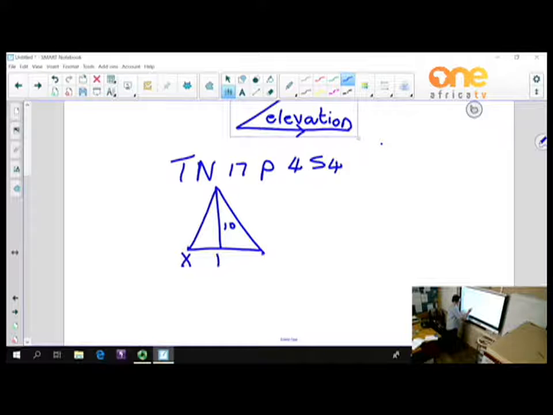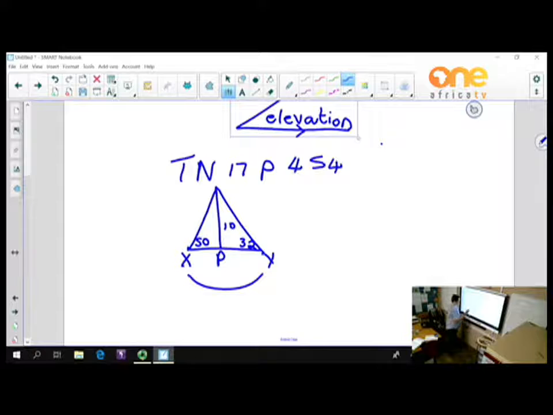These X, P, and Y are on level ground. From Y, the angle of elevation to Z is 32 degrees. And then from X, the angle of elevation is 50 degrees. Elevation upwards there.